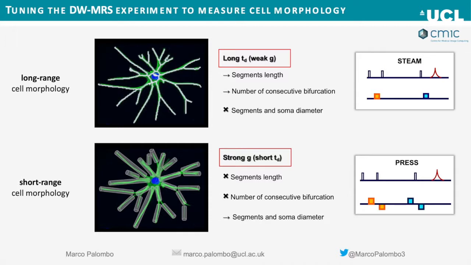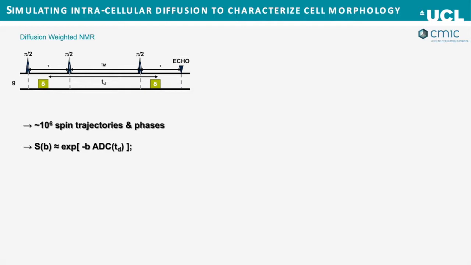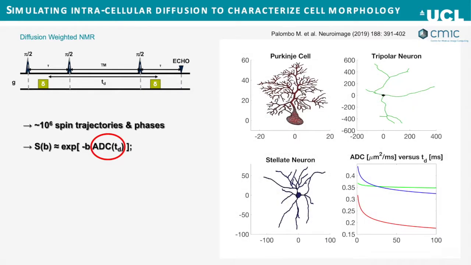So perfect. To find the answer to this question, we can proceed in different ways. A fancy one I would like to show now is to use advanced numerical simulations. So here is an example of using our generative model to create realistic brain cells, such as a Purkinje cell, tripolar neuron, or stellate neuron.